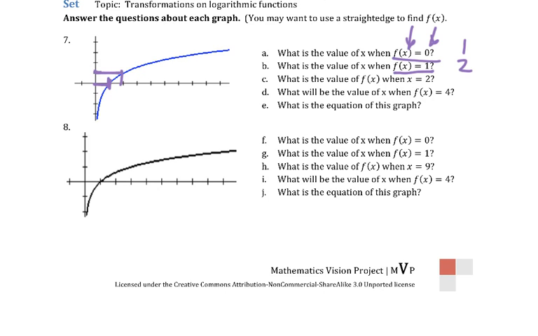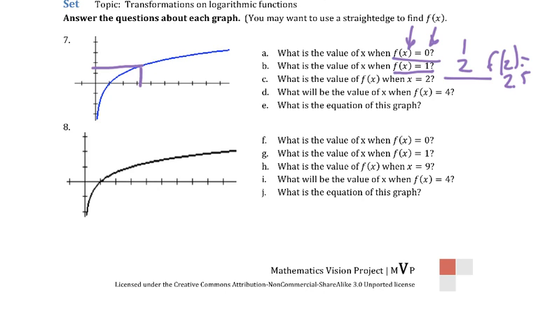So x would be 2. Value of f of x when x equals 2. So if I go to 2 and then go up, it looks like it's not quite to 3. I'd probably guess almost like 2.5. So f of 2 would equal about 2.5, we'll say.